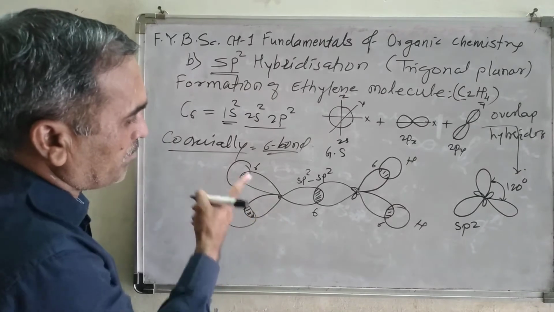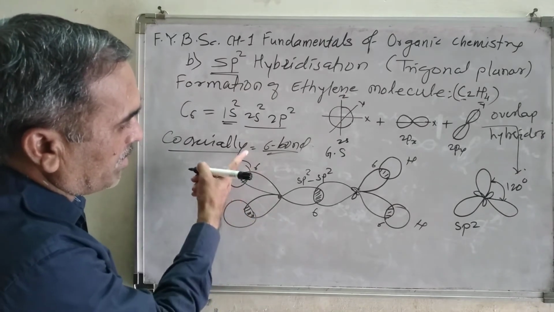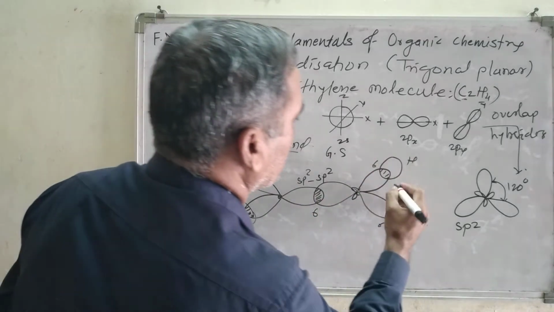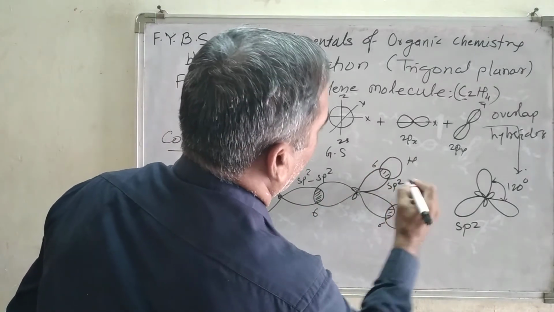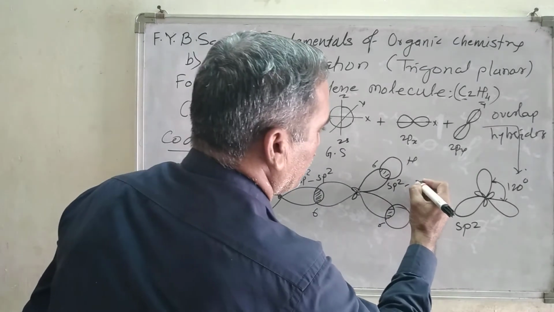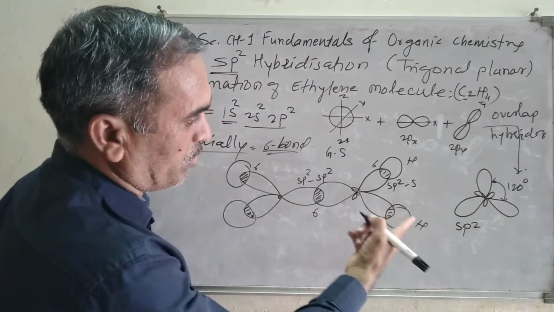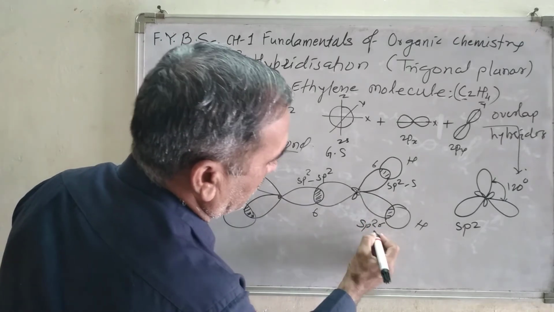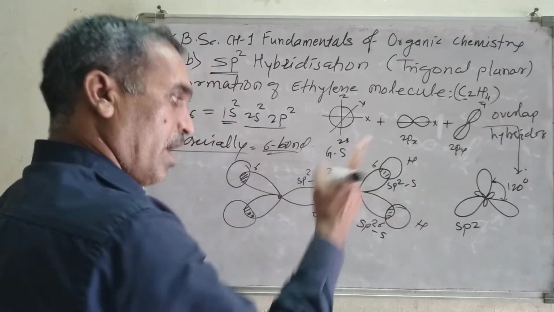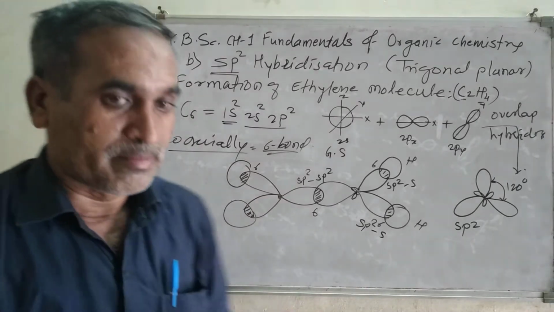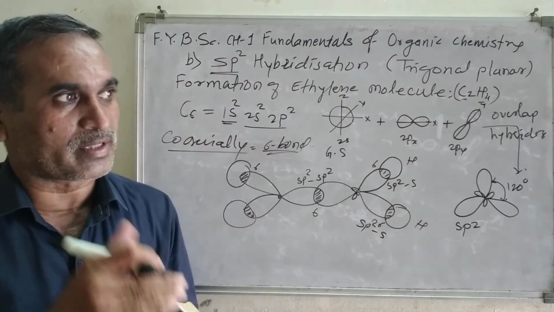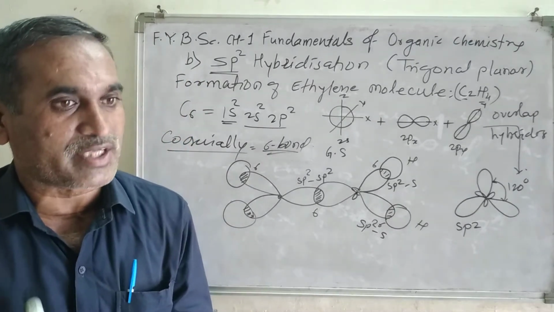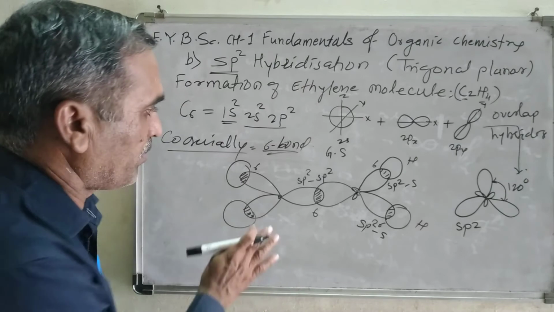And what type of orbitals are overlapping? Look here, this is an sp2 hybrid orbital of carbon and the s orbital of the hydrogen atom. Similarly here also, sp2 of the carbon atom and the s orbital of the hydrogen atom, because a hybrid orbital can overlap with a hybrid orbital as well as with an atomic orbital.